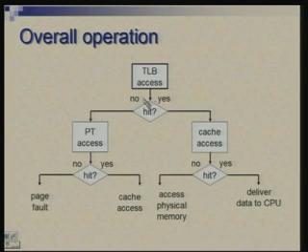The other event is that you made a TLB access, but there was a failure here. In this case, you need to go to the page table, where you might see a page fault or a hit. If there is a hit, then you get the translation done. So, you are now getting a physical address and you need to make an access to cache. We do not go straight to memory.